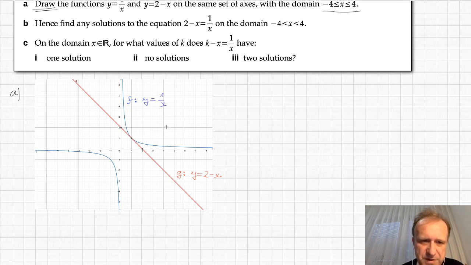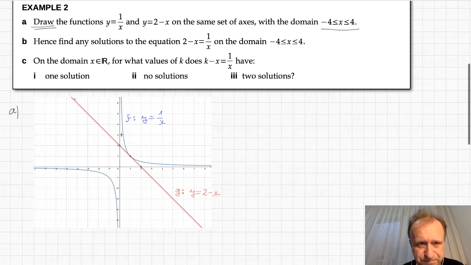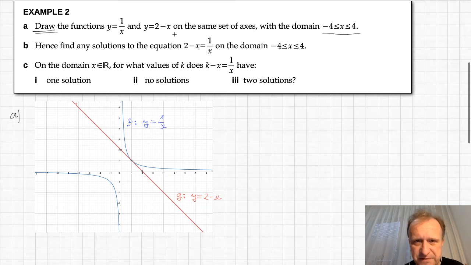So the blue function is the reciprocal function, while the red function is the linear function. Okay, now we had to draw these functions. Of course, what I didn't do, as was asked, was draw it with the domain from -4 to 4. My domain is larger.